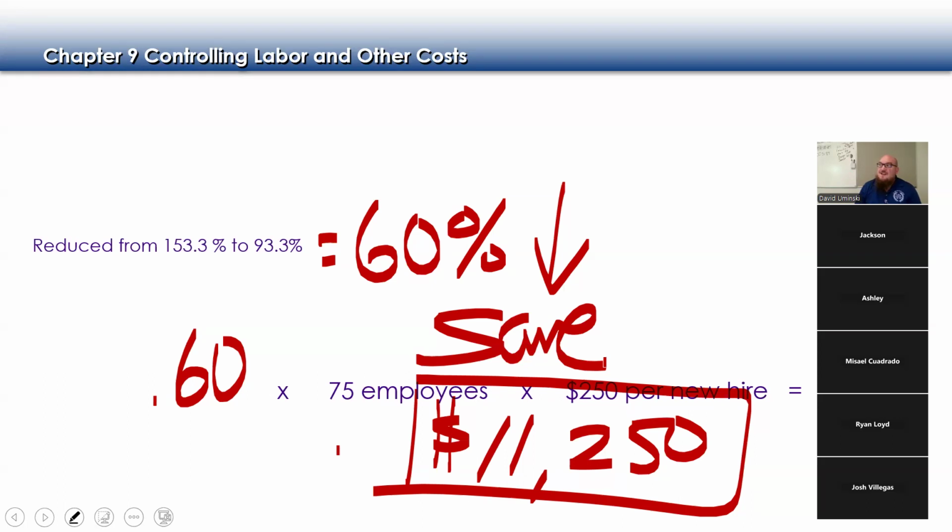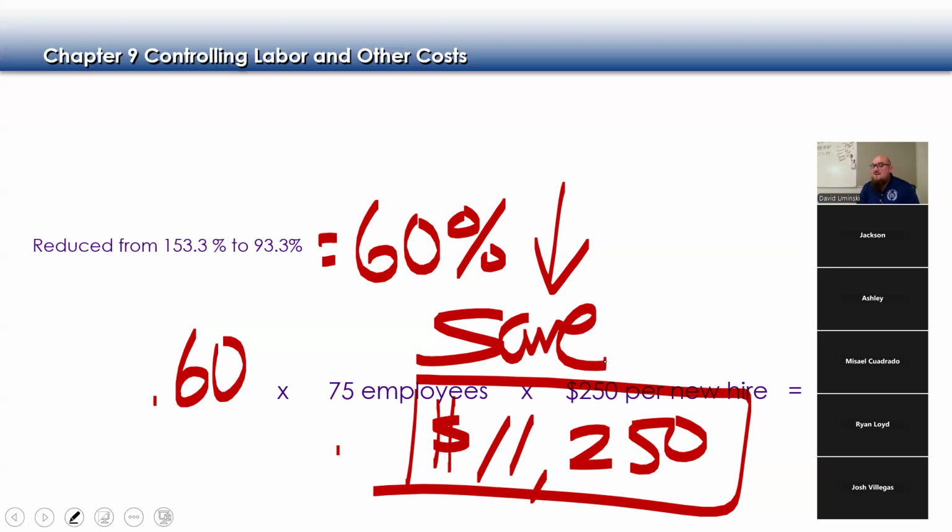Okay. And so as we're looking at how much we could save potentially, we take that original turnover rate, we subtract what our goal turnover rate is, and that's our difference. So now we take that difference, multiply it by the number of employees that are needed, and multiply it by the hiring cost.